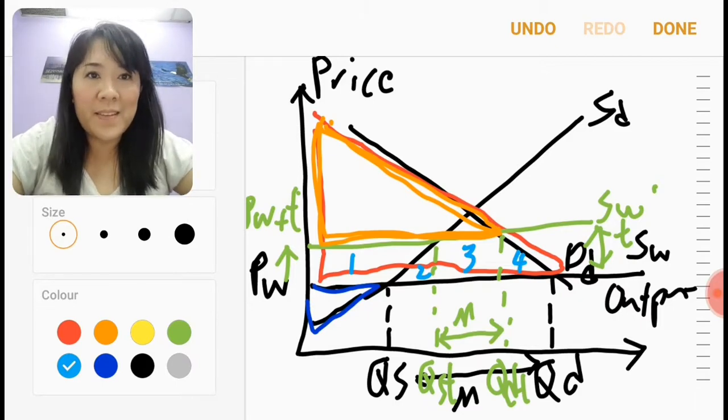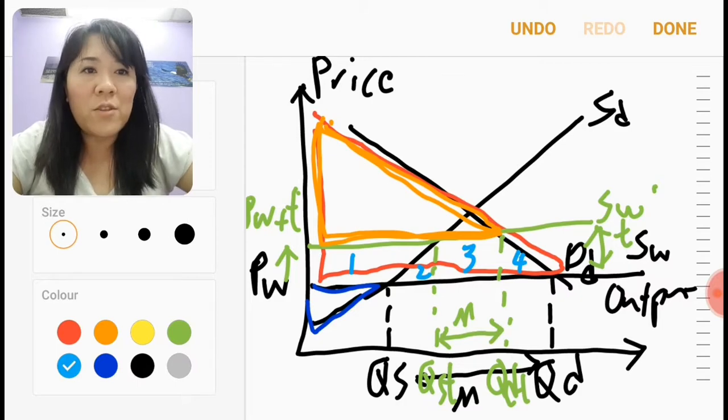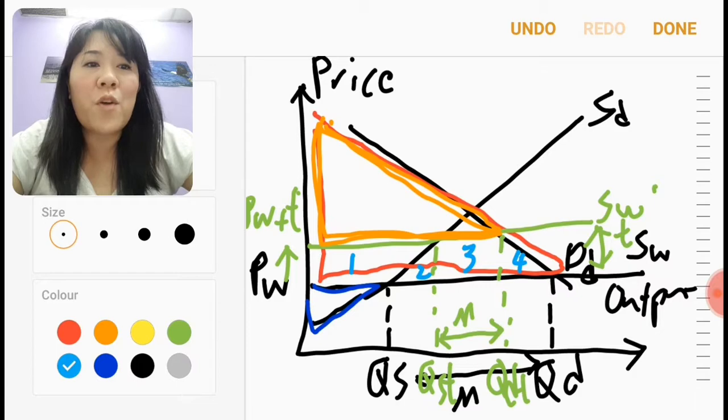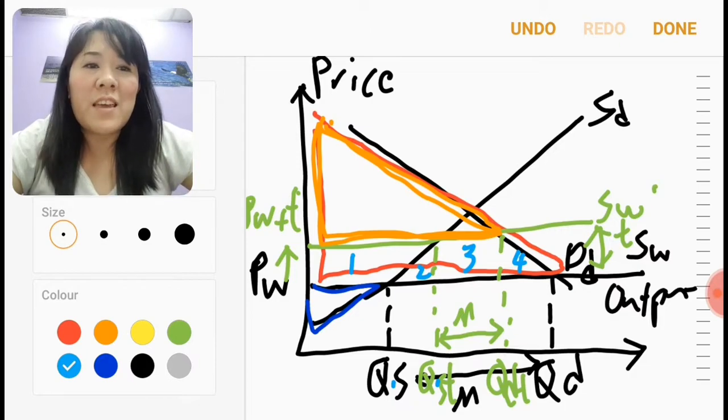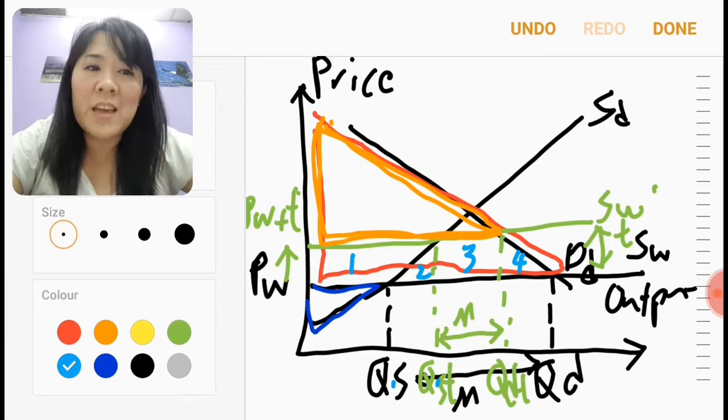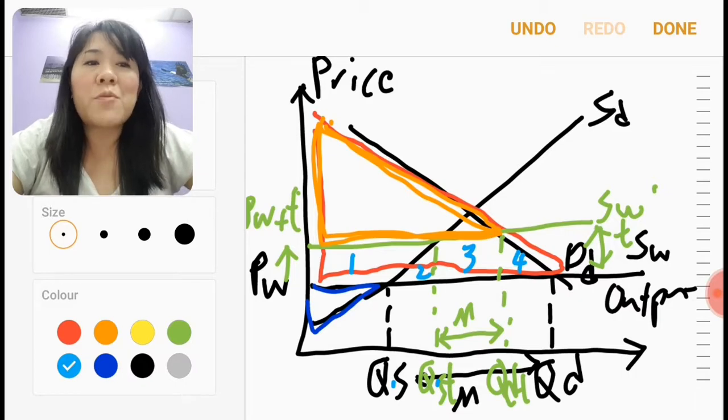And with area 1, what exactly is area 1? Because domestic production has increased from QS to QST, with this increase in the price from PW to PW plus T, the quantity supplied by the domestic producers increased from QS to QST.